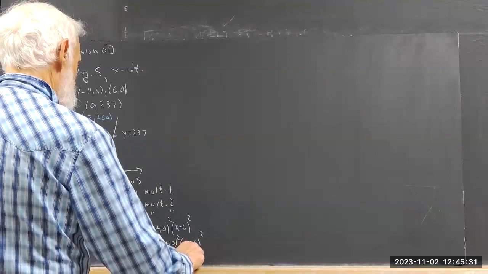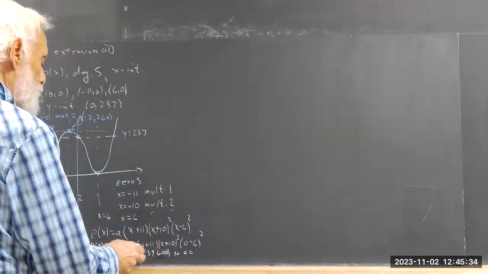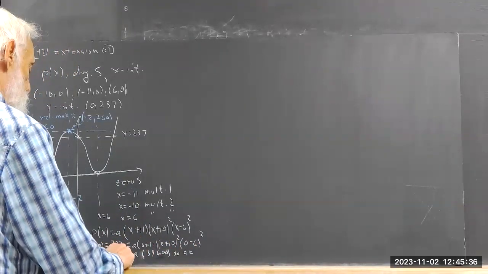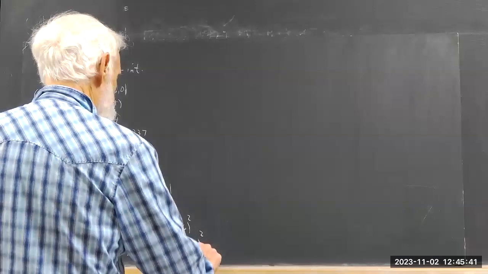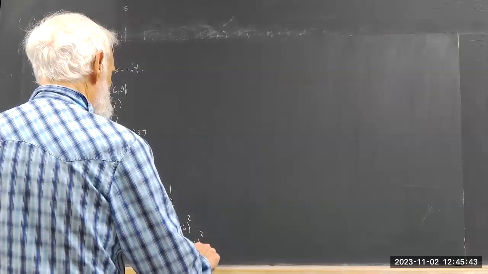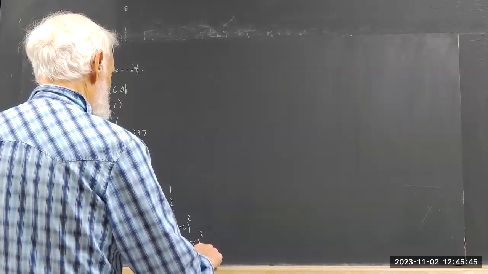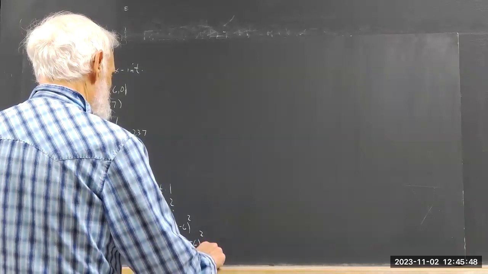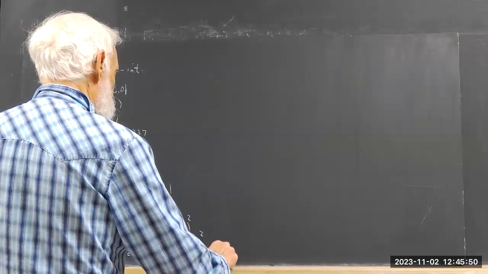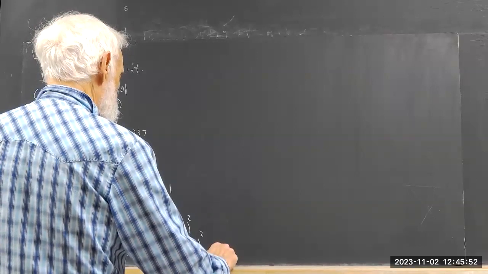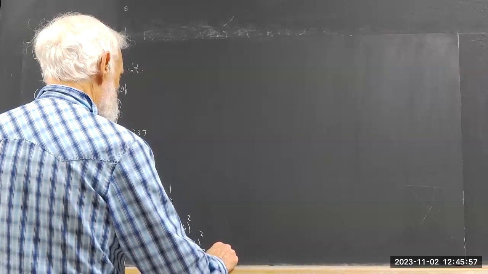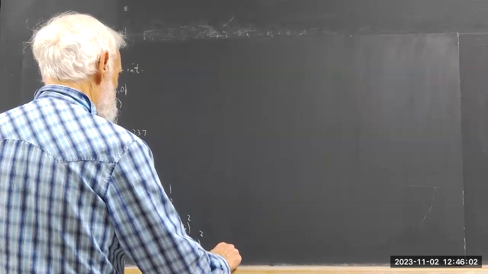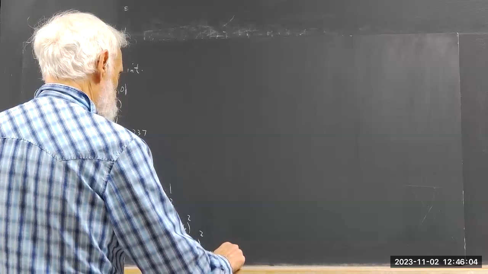It follows that A times 39,600 is equal to 237, so A is 237 over 39,600, which is approximately 0.006.